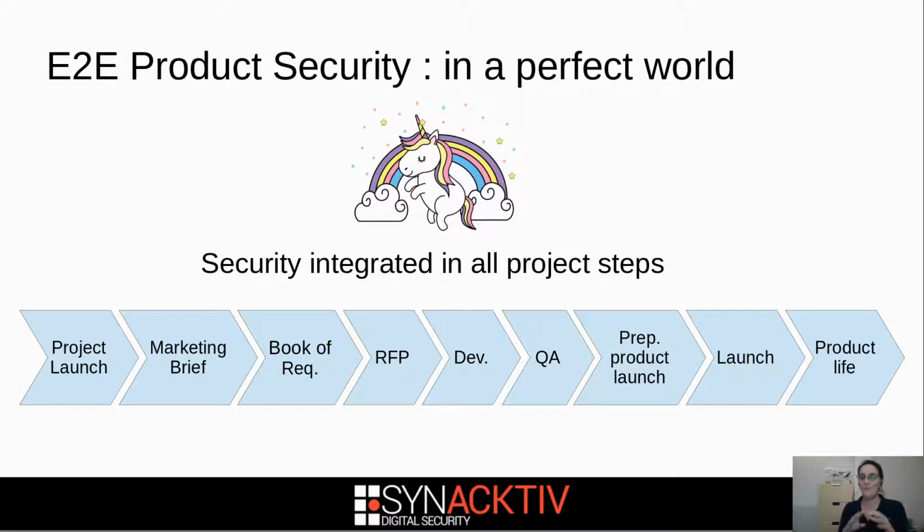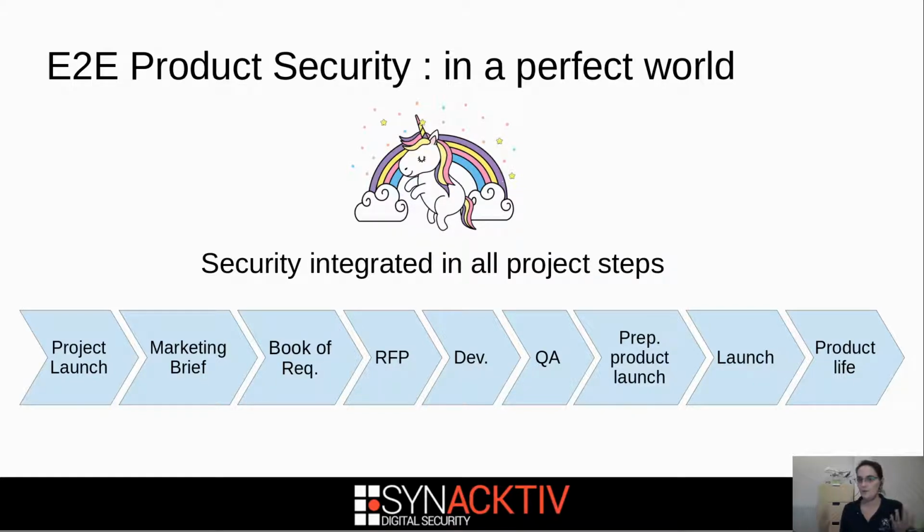What I've put here is a basic timeline of a project, so it's not specific to a kind of development cycle, it's not a V cycle, it's not agile, it's just a basic timeline. Most of the development projects I've seen have those kinds of steps.